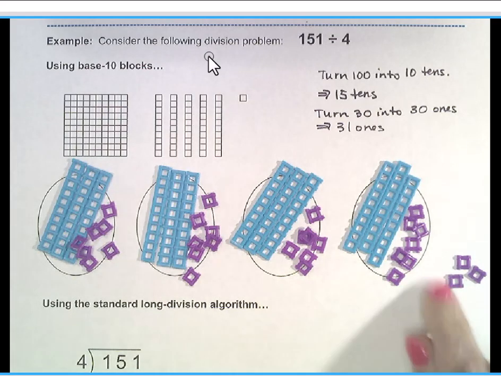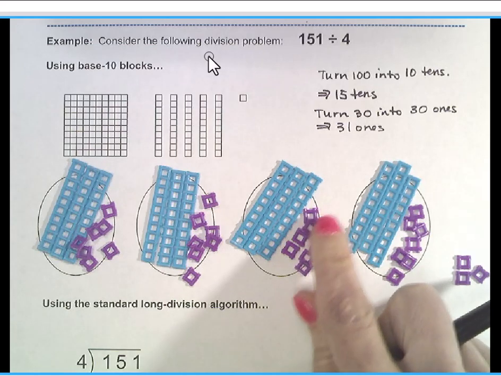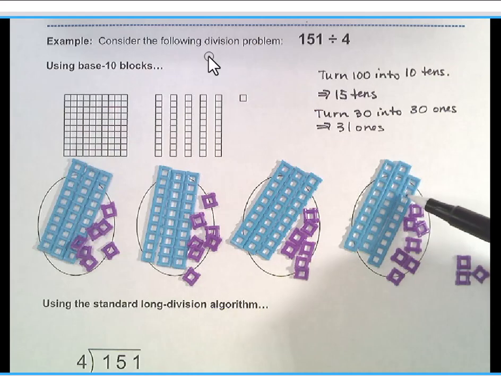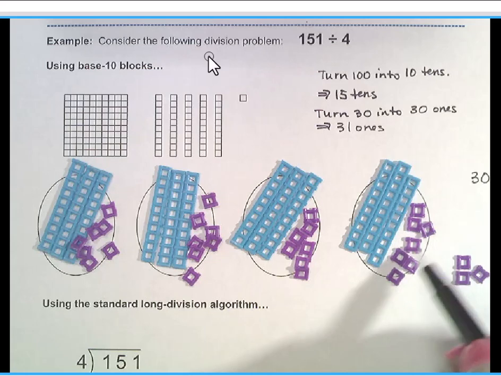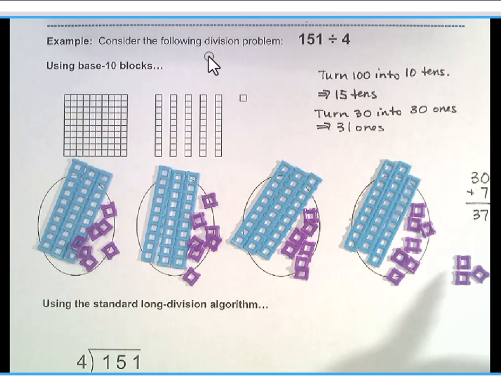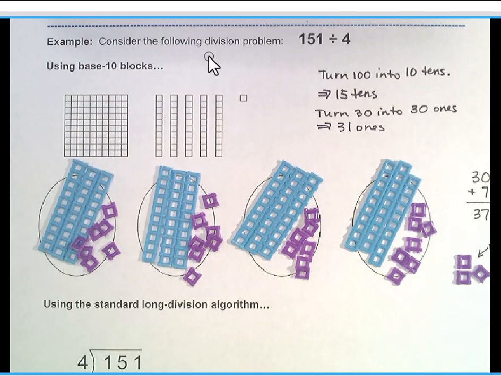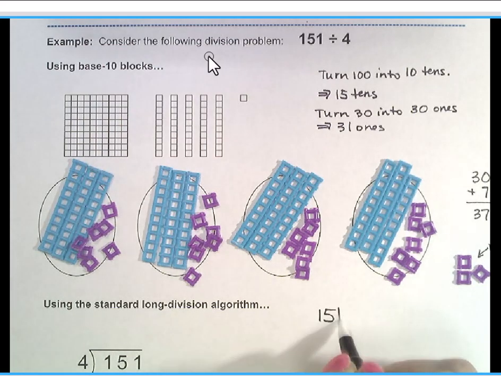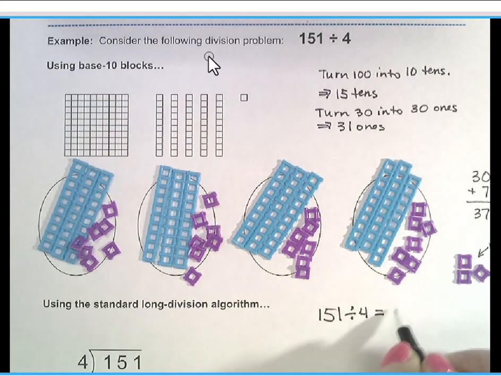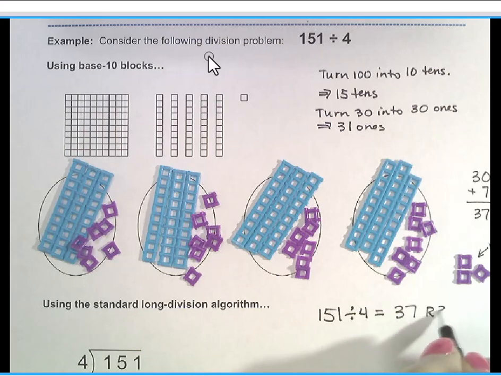So when you have leftovers, you just set them to the side. So then we look in here and ask, okay, how much is in each group? I have 3 tens, so that would be 30. And then I have 1, 2, 3, 4, 5, 6, 7. 37, but I also have a remainder of 3. So when I divide 151 divided by 4, I get 37 with a remainder of 3.